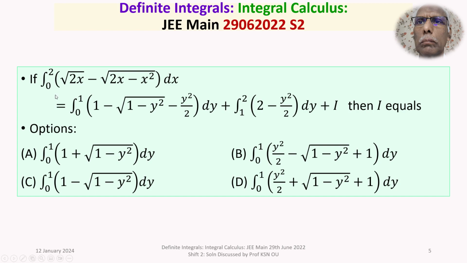So we are given that the integral from 0 to 2 is equal to the integral from 0 to 1 of some integrand plus the integral from 1 to 2 of some integrand plus I, where we have to find I from these options A to D, and in all these options the square root of 1 minus y square is appearing.